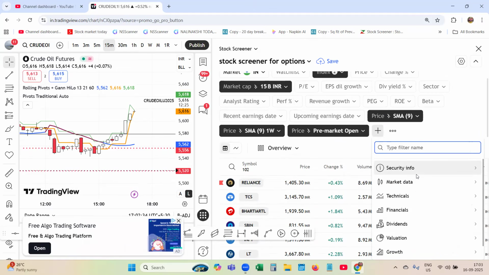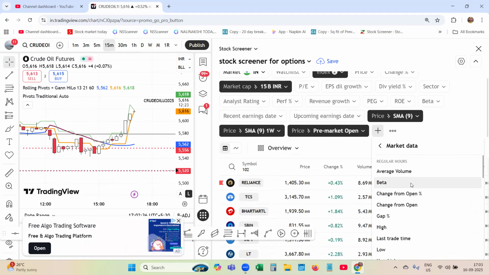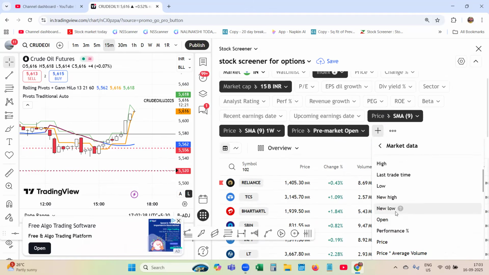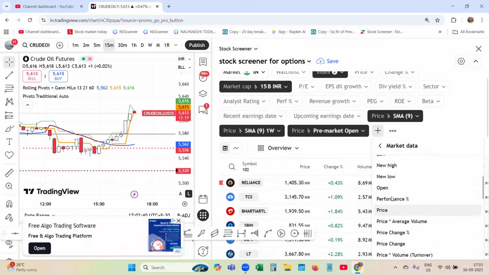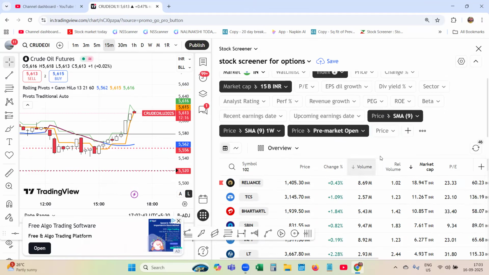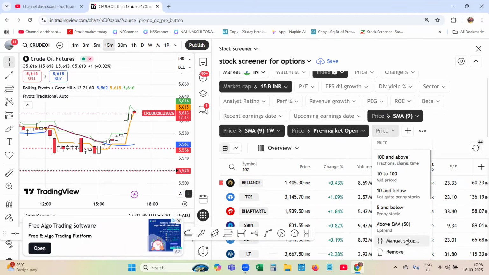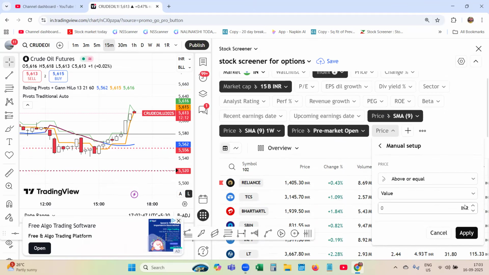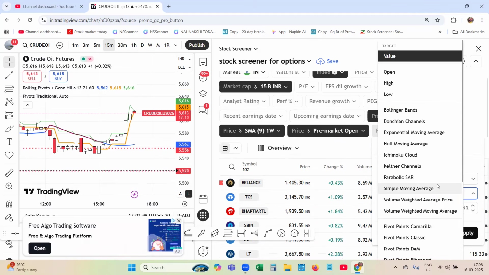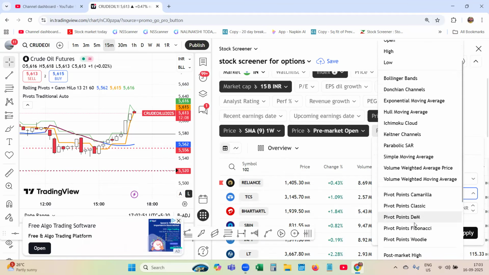Next, add the market data filter. We'll go to the price, drop down menu, manual setup, above or equal. We'll go for the pivot points.